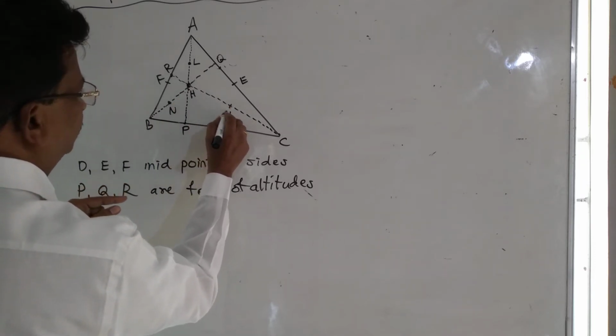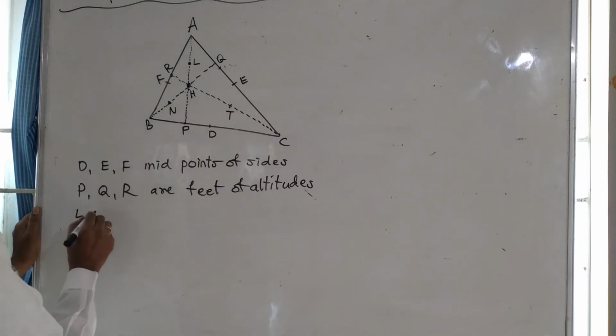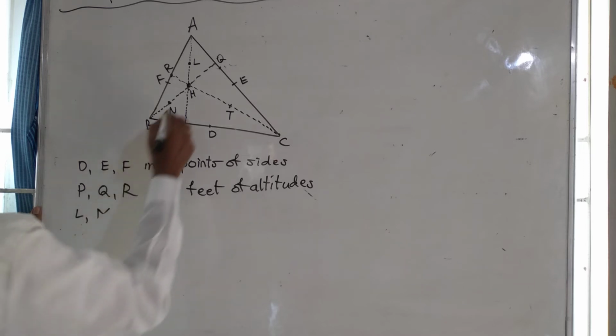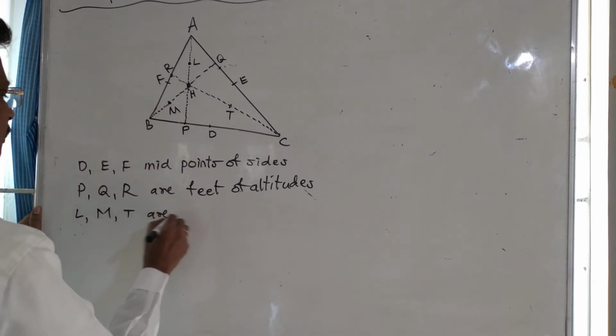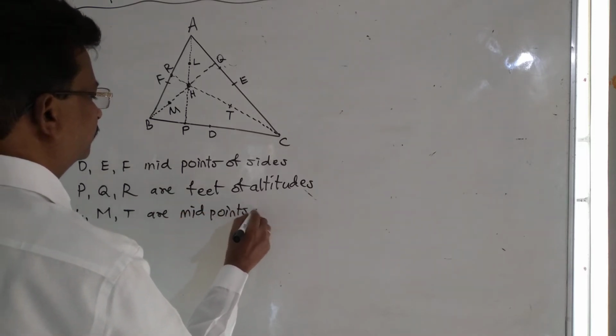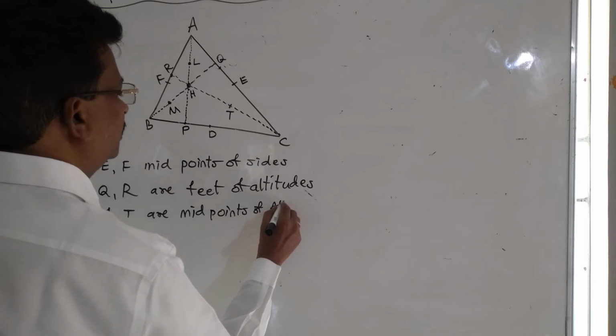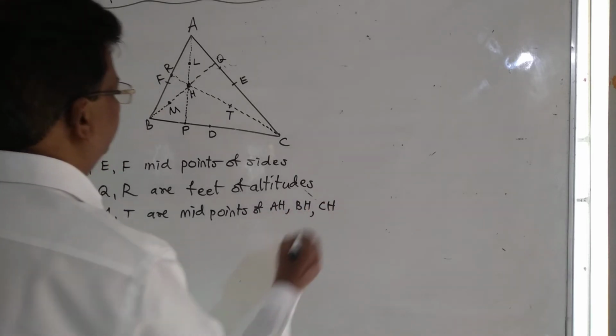Therefore, L, M, T are midpoints of AH, BH and CH.